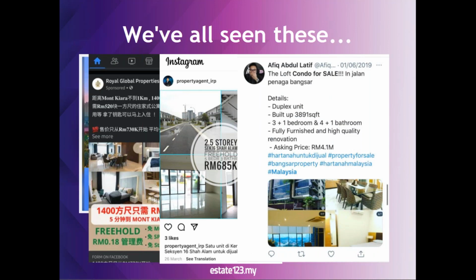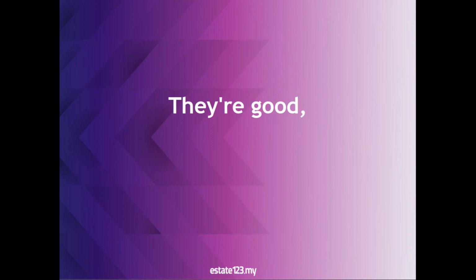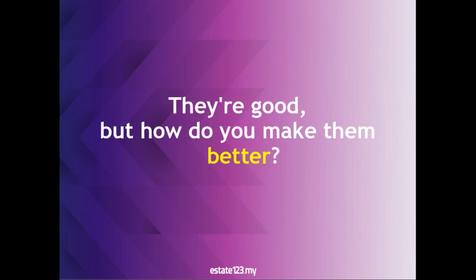So as you can see, all these advertisements come with images, and some of them even take some time to put some art on it, put some wordings on it, so that people can easily see at a glance what the property is about and what it looks like. And of course, they're good because they let you see everything in a single glance. But how do you actually make them better or more interesting to your prospects?